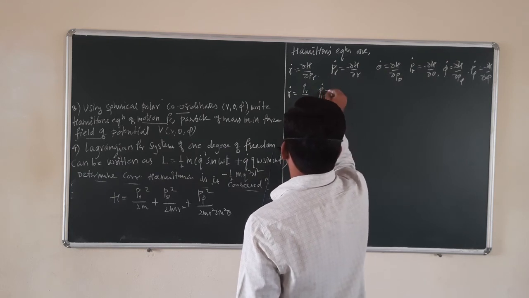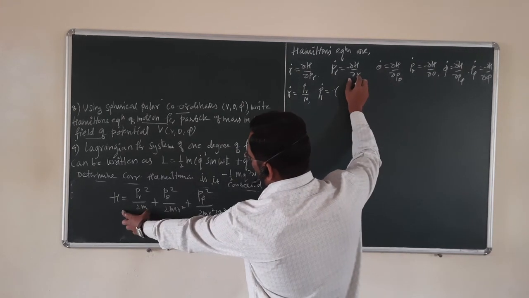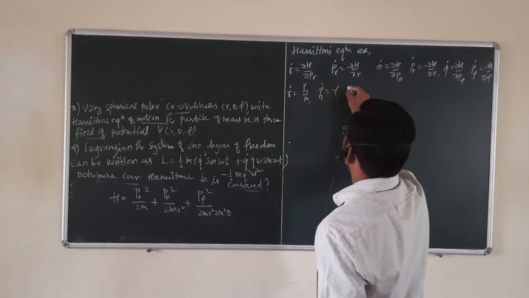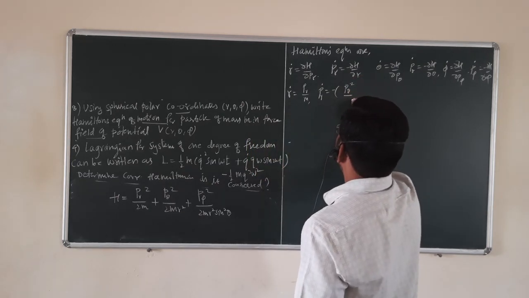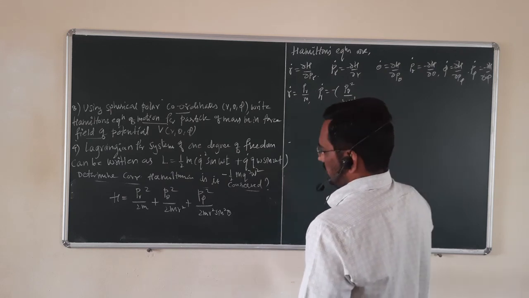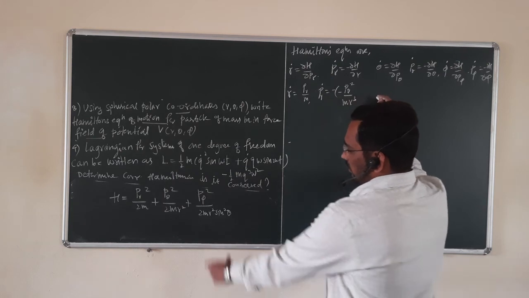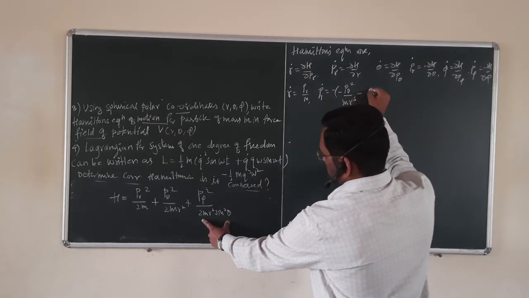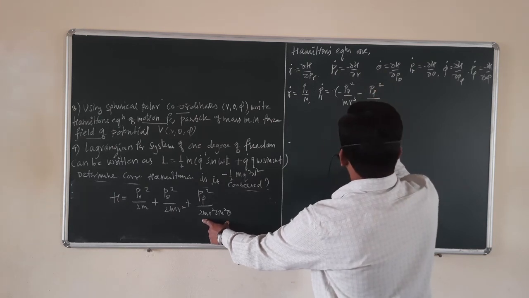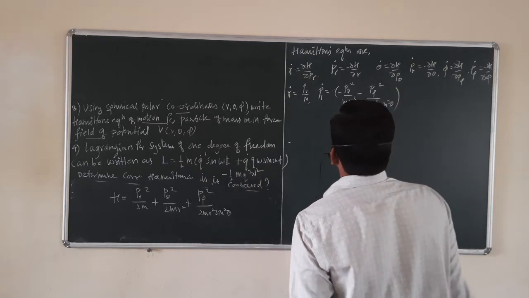Then p_r dot is minus the derivative of the Hamiltonian with respect to r. So this term gives p_theta squared divided by m r cubed, with a negative sign. And again the derivative of this is minus p_phi squared divided by m r cubed sine squared theta.